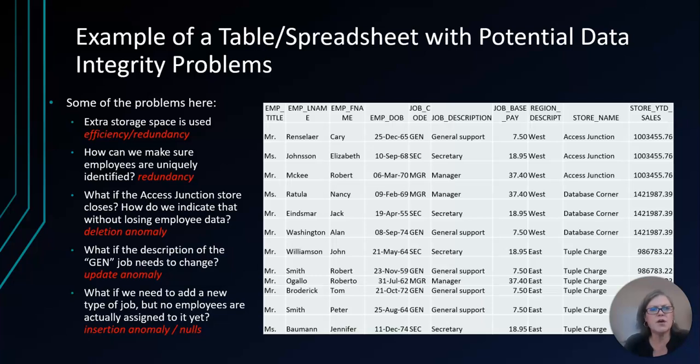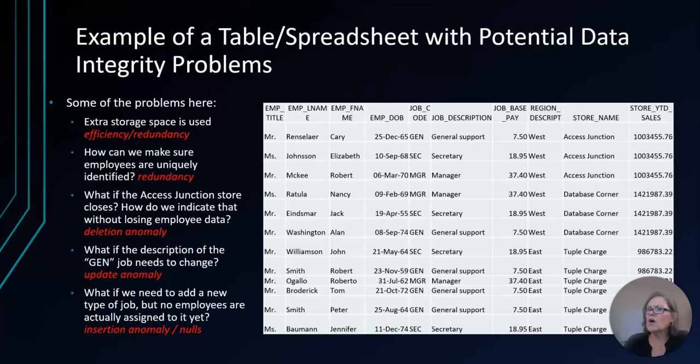And so here I have columns that look like employee title, last name, first name, employee date of birth, job, the job code and description for the job that employee holds, the base pay, the region of the country where this person works, the store they work in, and the year-to-date sales for that store.